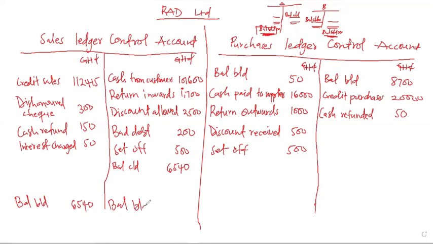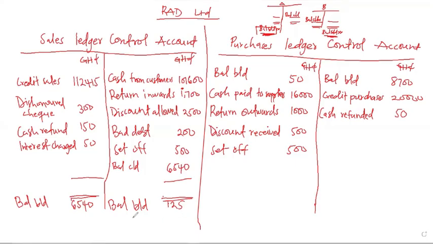So the balance brought down is 125. This one will be after the totals. So when there is a balance brought down on the credit side, which is the credit balance 125, that is what the question is saying.